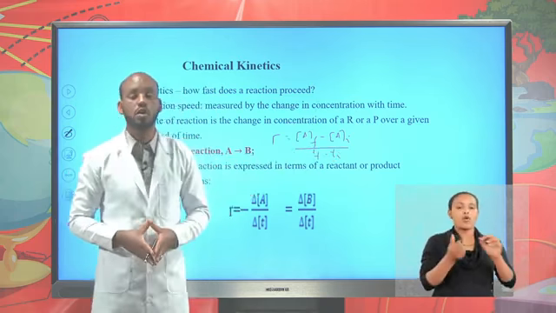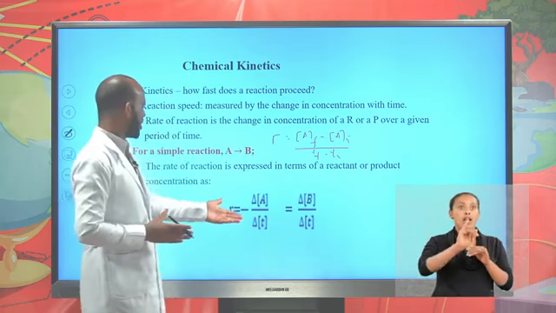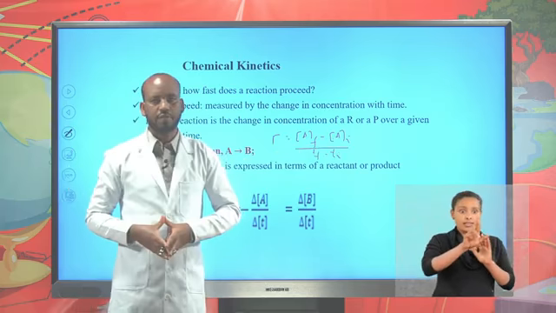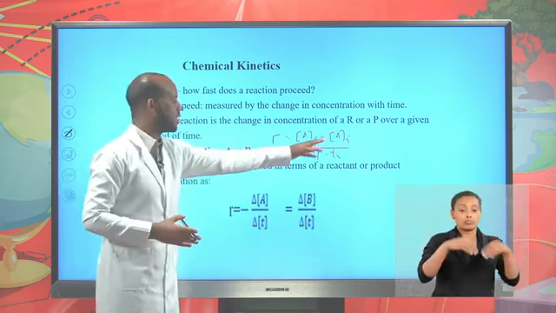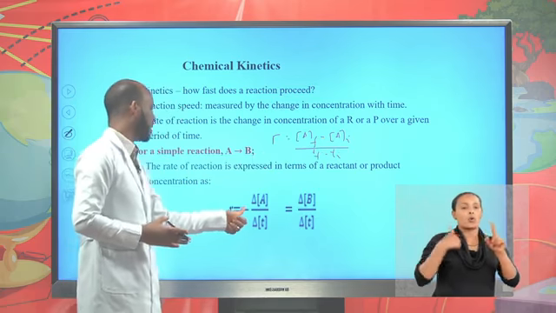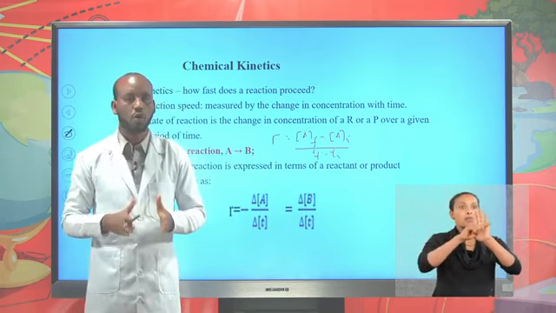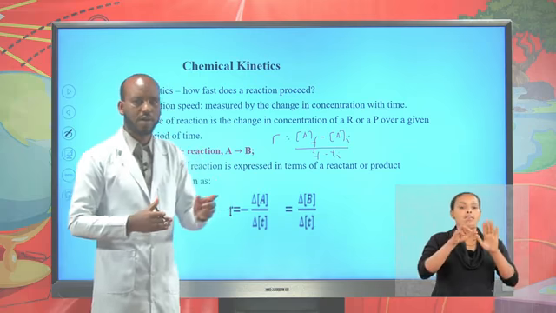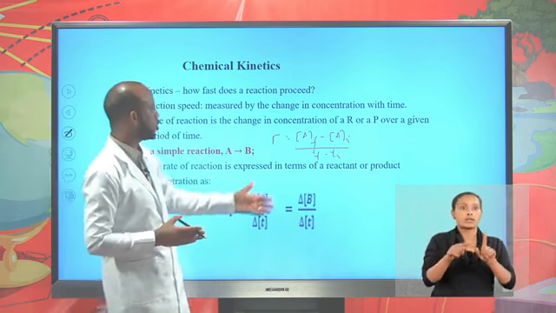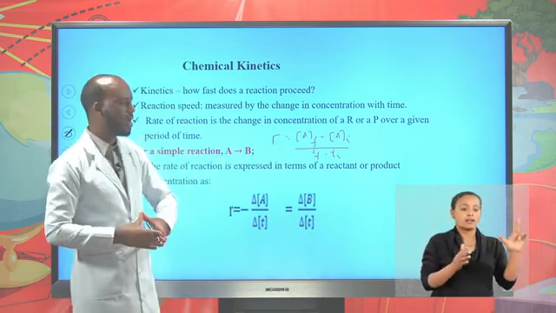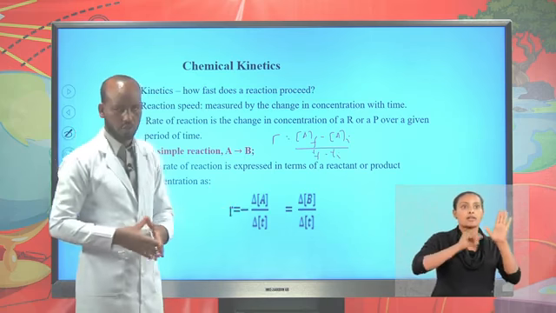Now, A final minus A initial is negative, but rates cannot be negative. In order to make it positive, we introduce a negative sign here. Therefore, when rate is expressed in terms of concentration of a reactant, a negative sign is used.